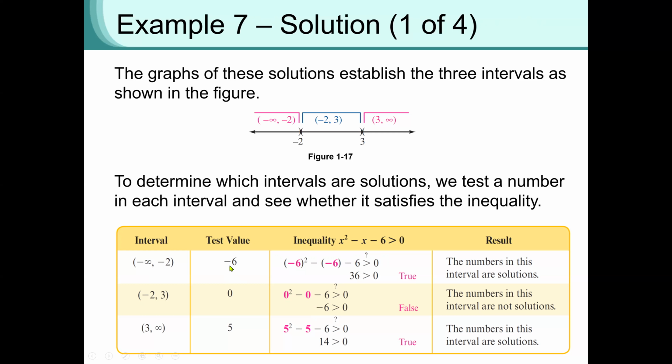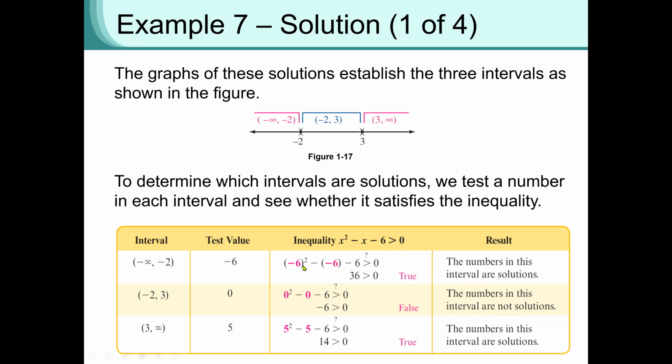But we decided to test it with -6. Now plug -6 into the equation given to us, which is x squared minus x minus 6. -6 will be the x value. Then see if the condition will be true.